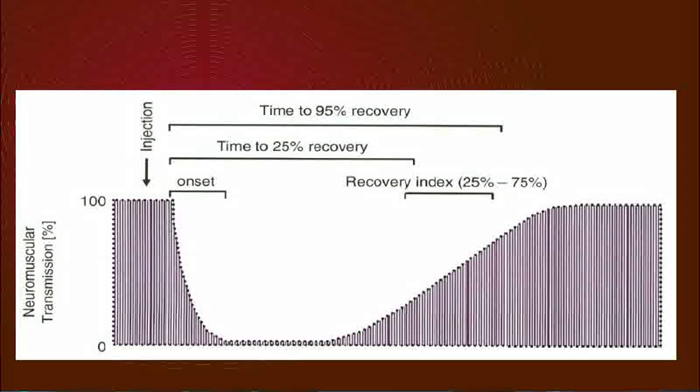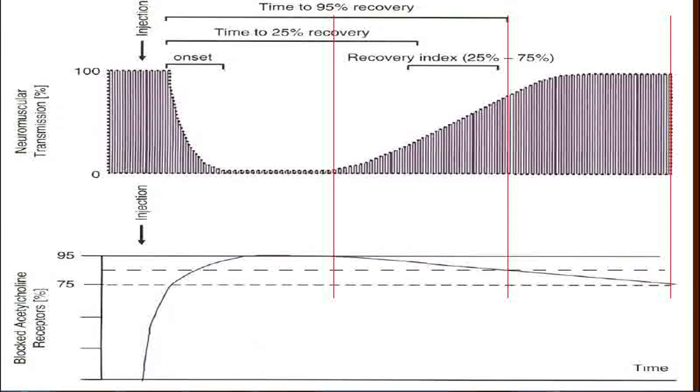But remembering that other slide that we had, just because you have return of twitch height, does that mean all of your receptors are free? A huge proportion could still be blocked, 75% or greater. And that's what this slide is saying here.